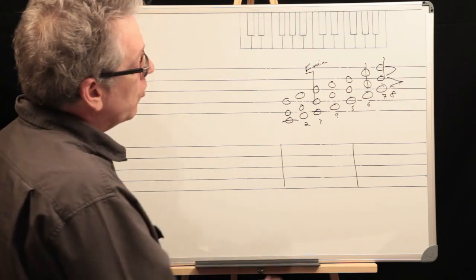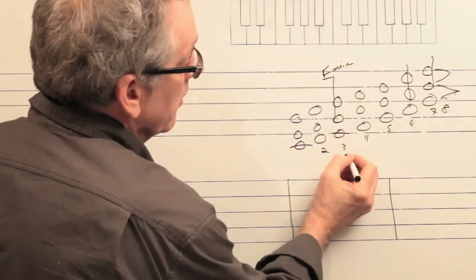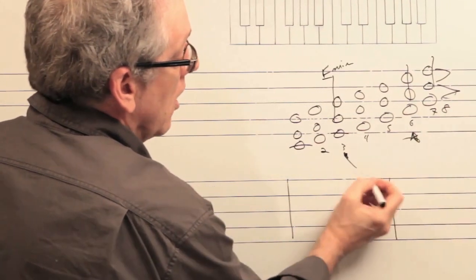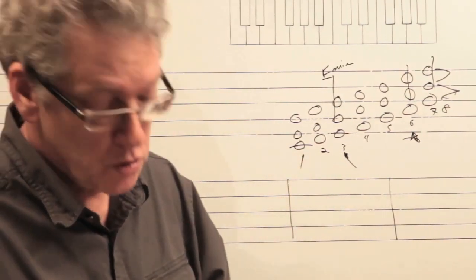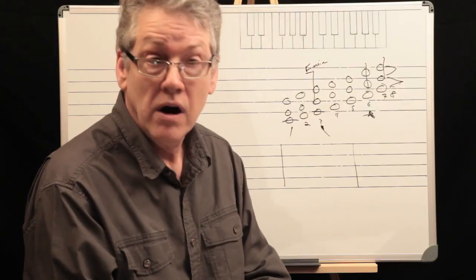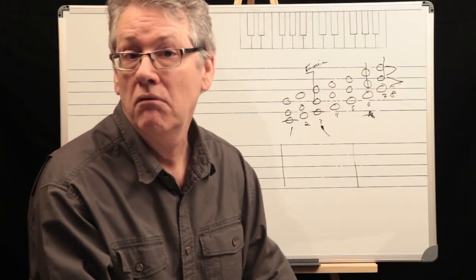What we're going to get into later, though, is that a lot of times the 3 chord and the 6 chord are used to substitute for the 1 chord. So instead of going to the 1, you could substitute it and go to E minor.